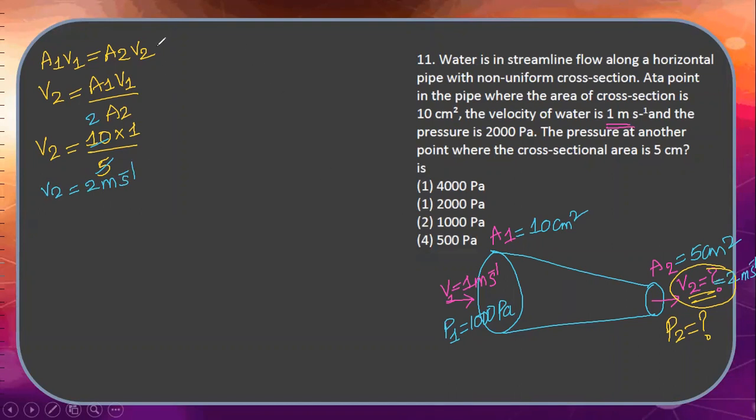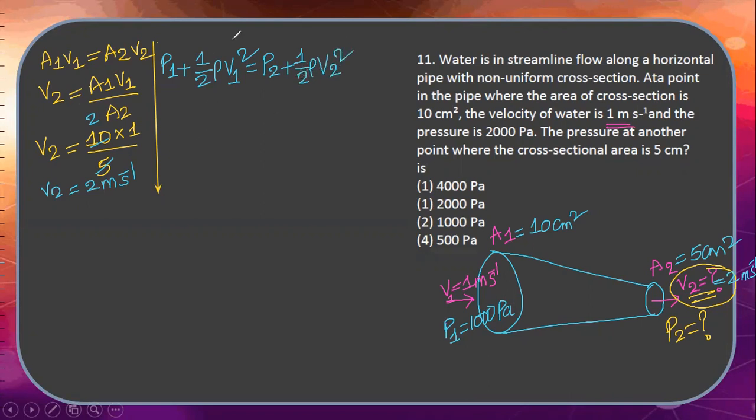Then from Bernoulli's principle, we'll write that P1 plus half rho V1 square is equal to P2 plus half rho V2 square.